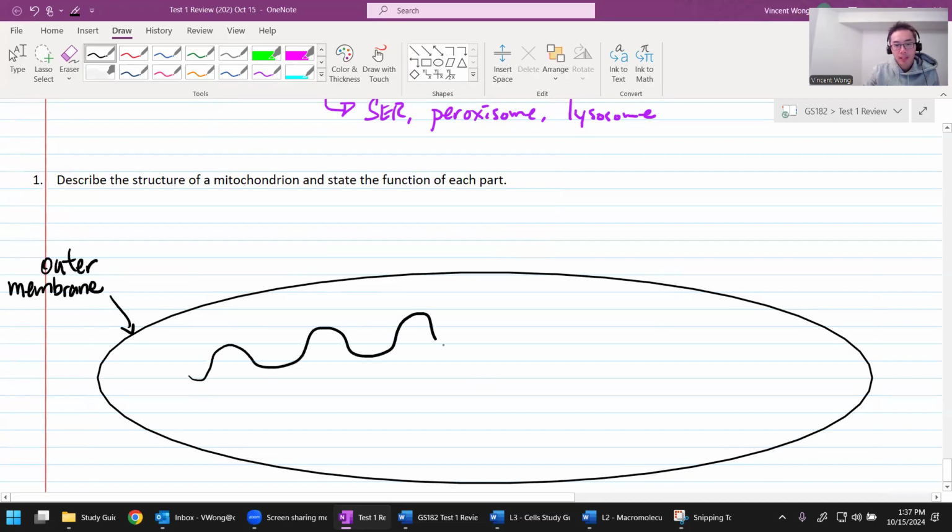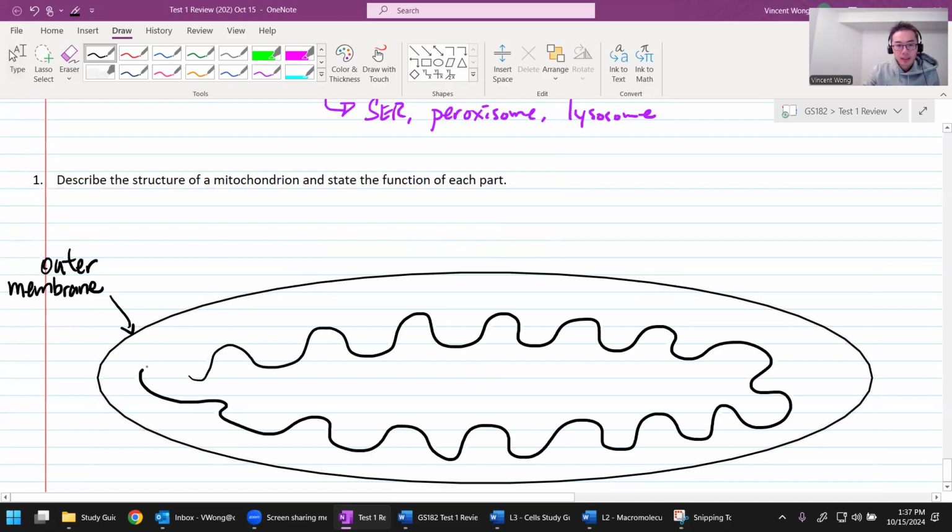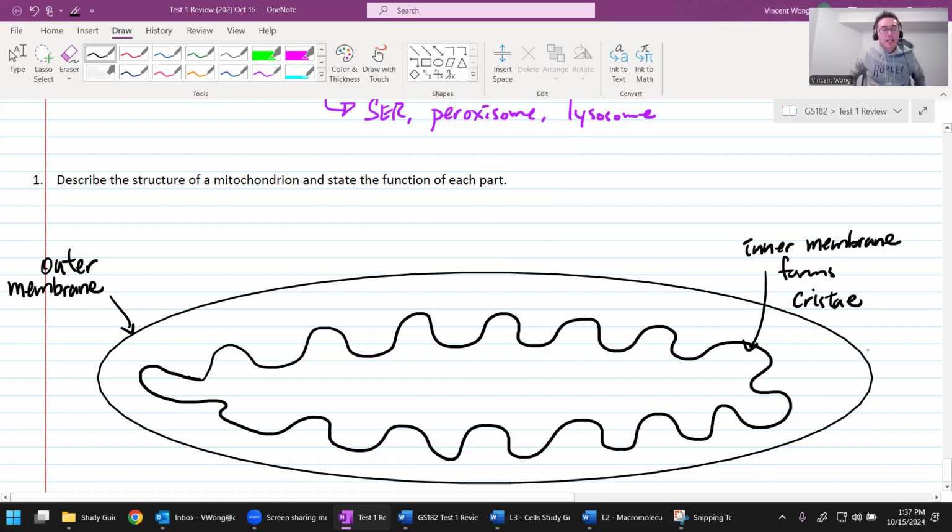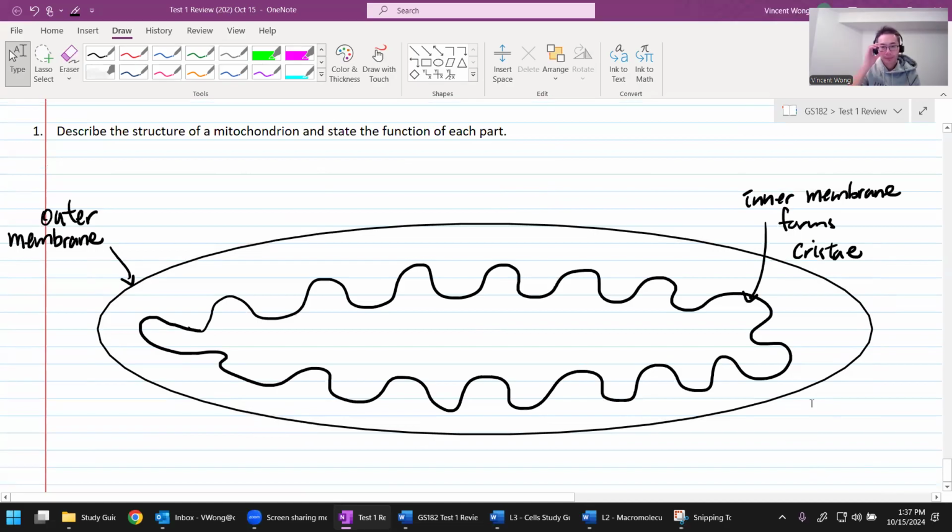And then the inner membrane is going to fold up into these cristae. The cristae is folded up to maximize surface area, right? And the innermost portion is called the matrix.